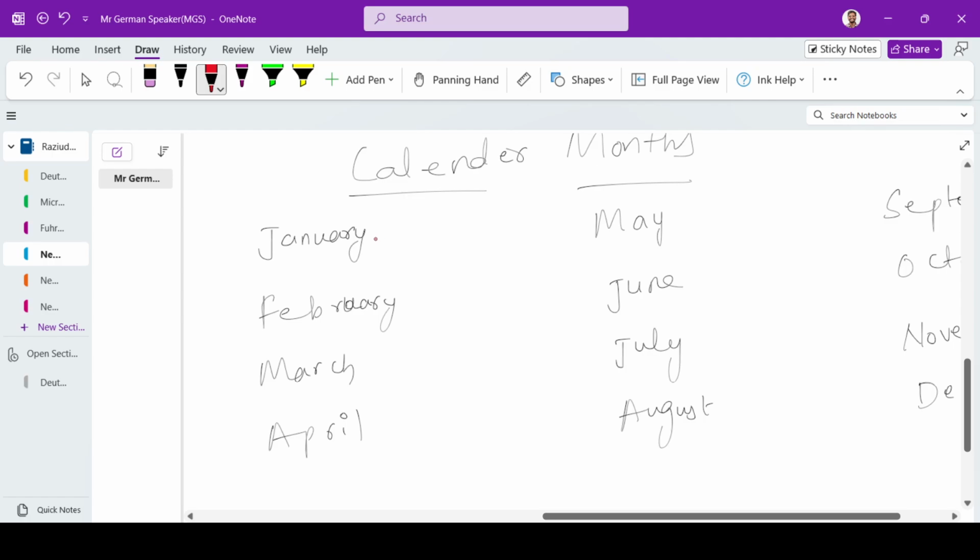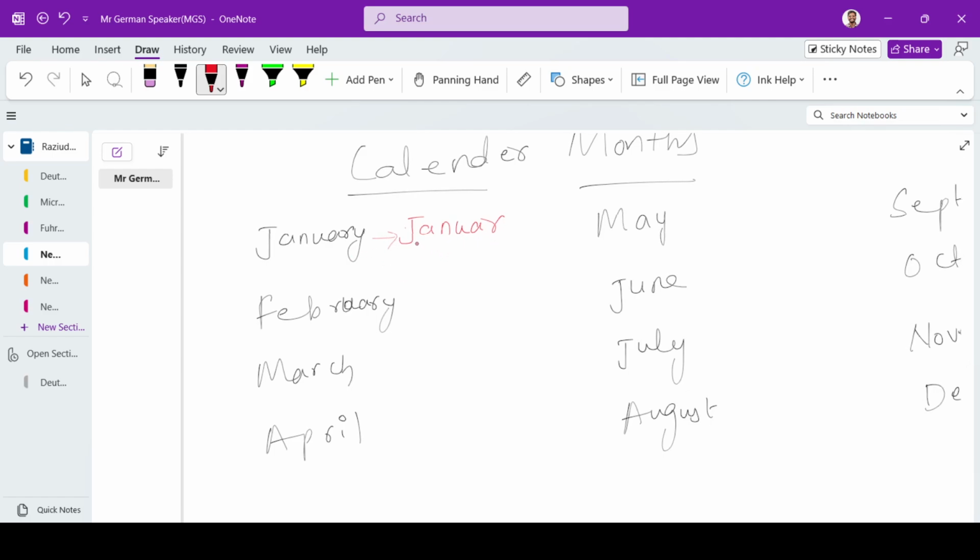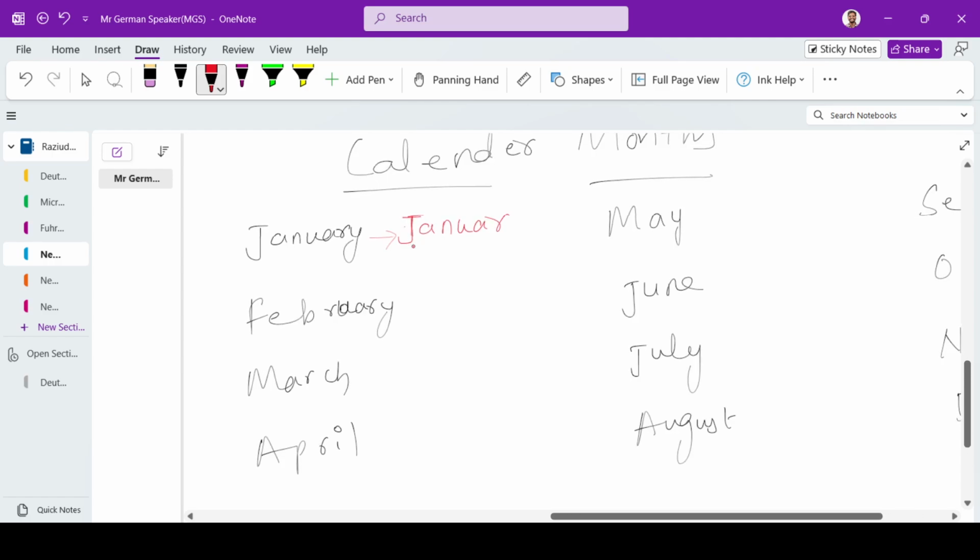But in German language, we have slightly different. We call this as Januar. It looks very similar, except why we call it Januar? As we know that J is pronounced as Y in German language, so we call it Januar. Februar, okay? For March, we call it März.